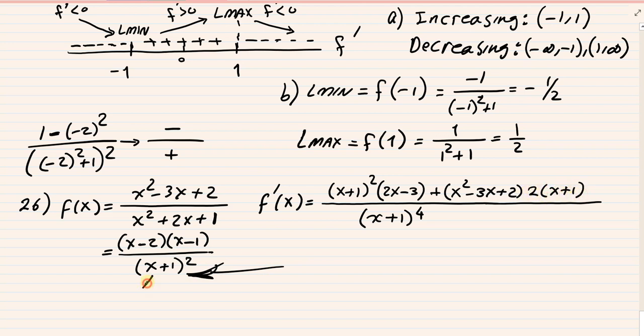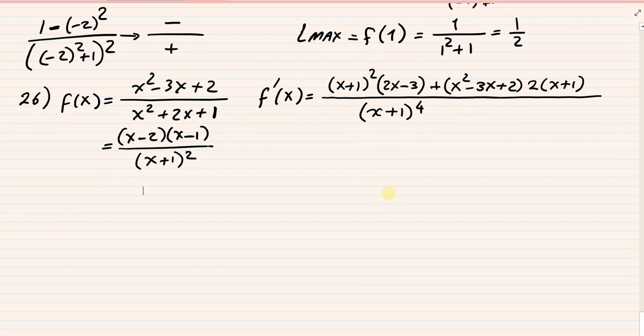And of course, chain rule, the derivative of the inside, x, is 1. Now, before we actually distribute and combine like terms, I see the x plus 1 as a GCF here and here.